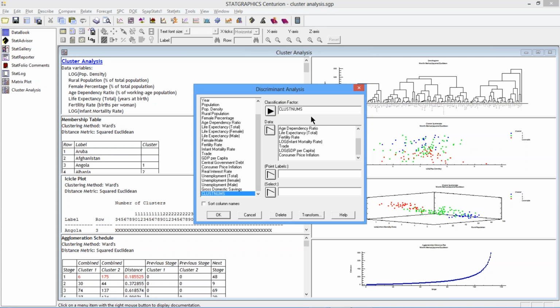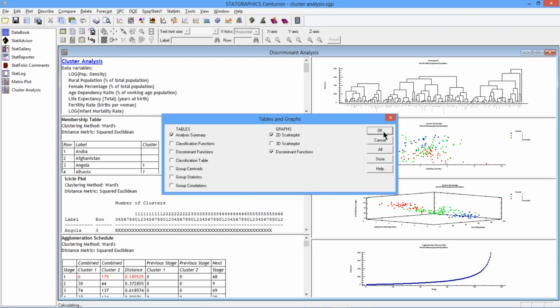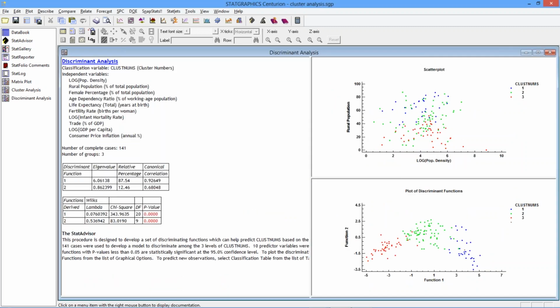At this point, I have the countries divided into 3 groups. But I'm not really sure which of the variables distinguish between the groups. But a discriminant analysis will help me do that. And in fact, I'm going to go ahead, take the various defaults in my discriminant analysis.